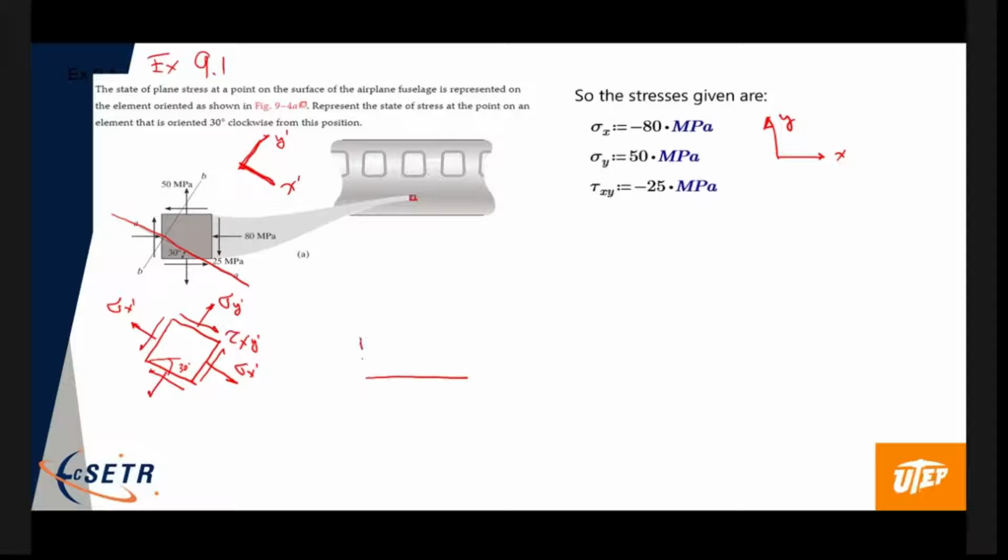I'm going to exaggerate the 30-degree angle so it's easy to see what angle is 30 degrees, all right? So this here corresponds to this face. Down here, I'm going to draw the stresses for now, but then I'll change them into forces, right? So we have the 50 megapascal stress acting down there.